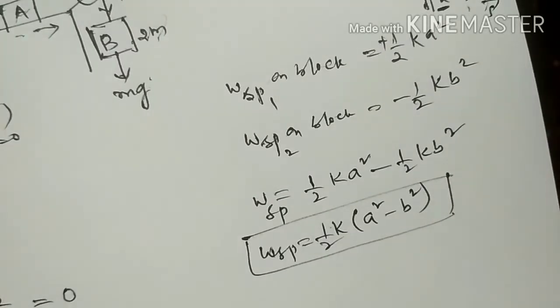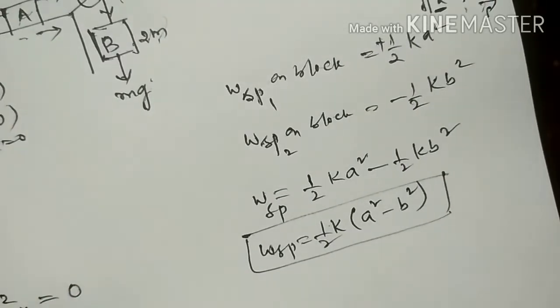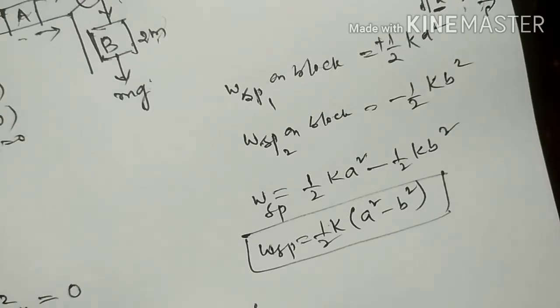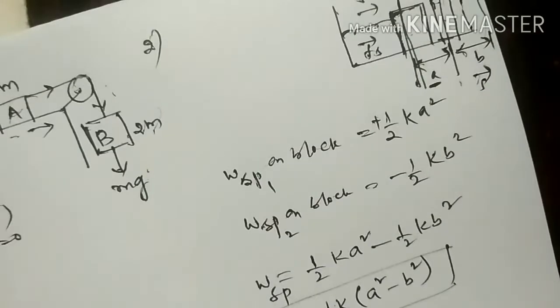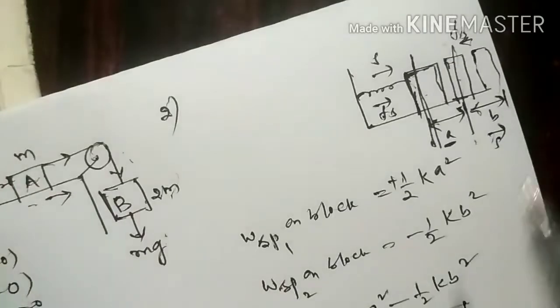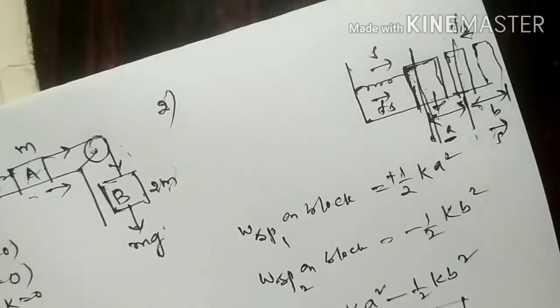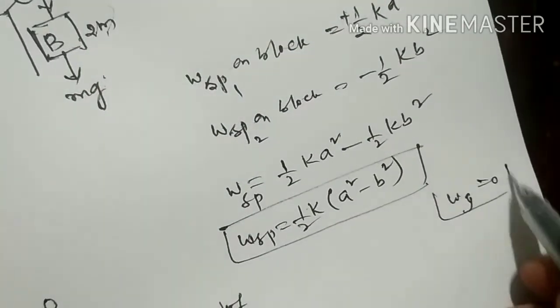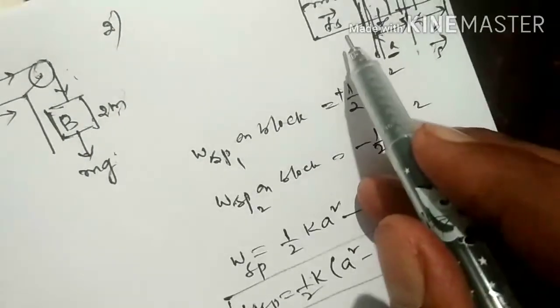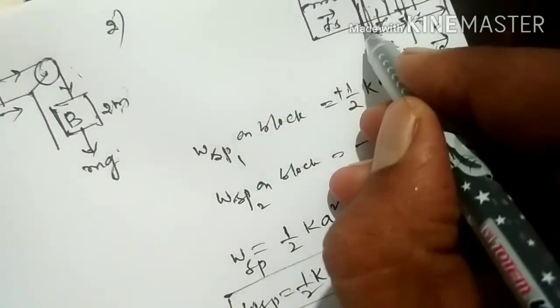Next, what is the work done by the friction? I want to calculate the work done by the friction. What are the forces acting on the block? The gravitational force is acting on this block, so the work done by the gravitational force is 0. The spring force is a conservative force. Frictional force is non-conservative.